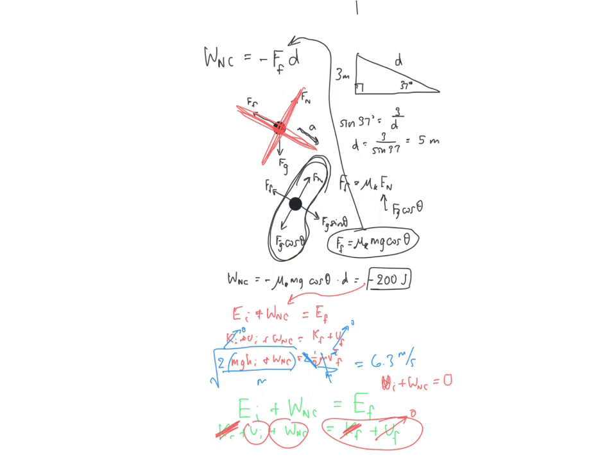And since the W_NC is a negative amount, because it's the work done by friction, the work done by non-conservative forces would have to be a large enough negative number that it completely wipes out the initial gravitational energy. So in other words, all of her initial gravitational energy is lost due to the frictional force.